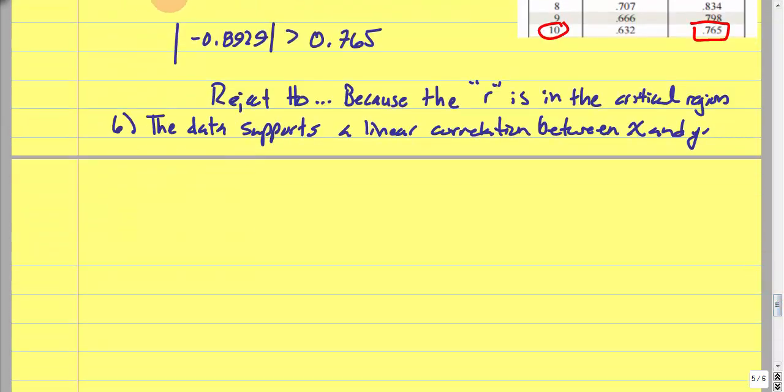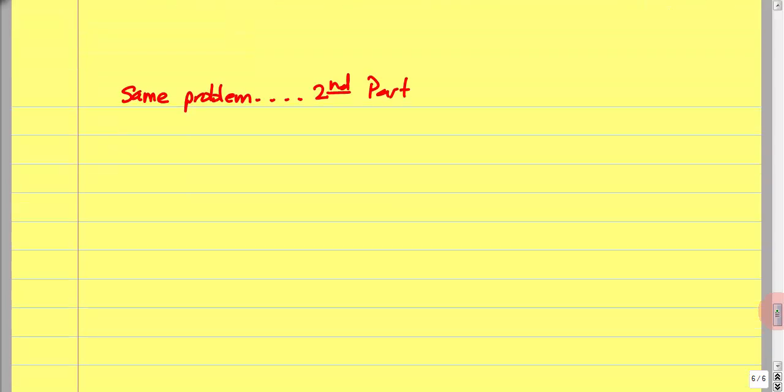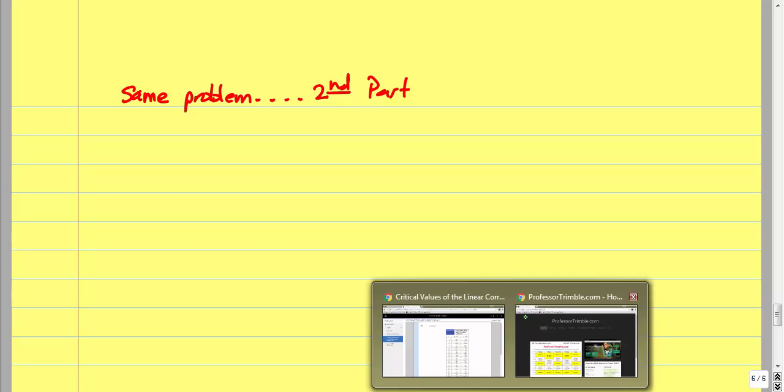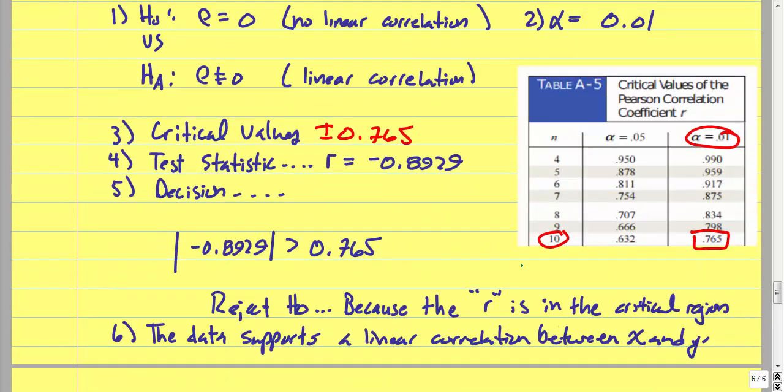Okay, now, second part to the same problem. What they want us to do for the second part is take that same exact graph that we were just working with. So let's see if I can find that same exact graph up here.